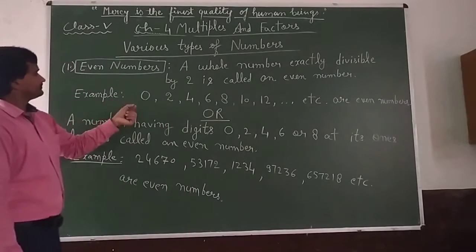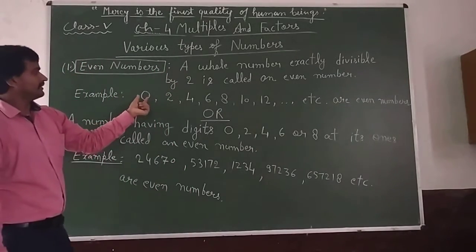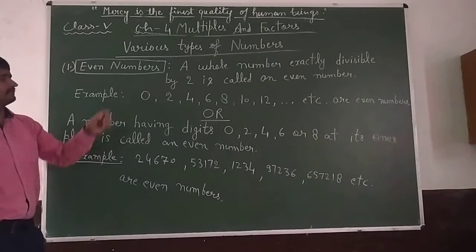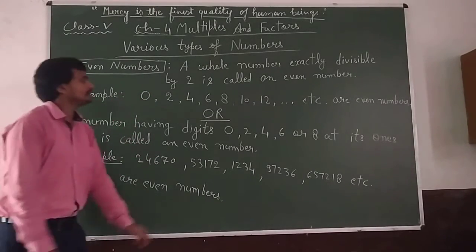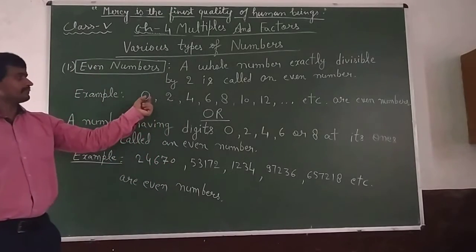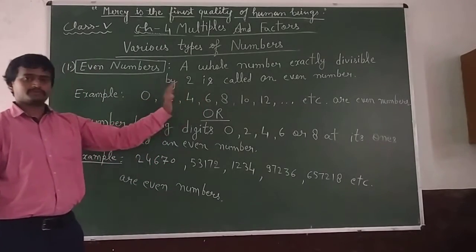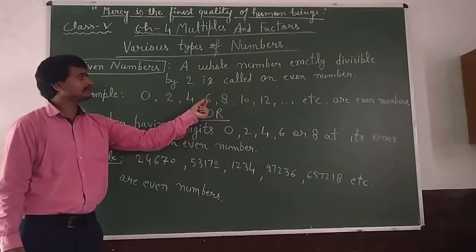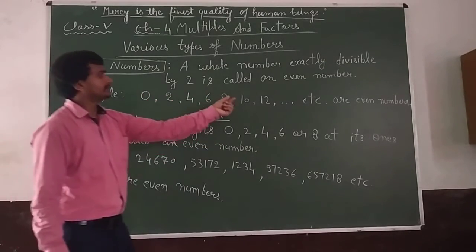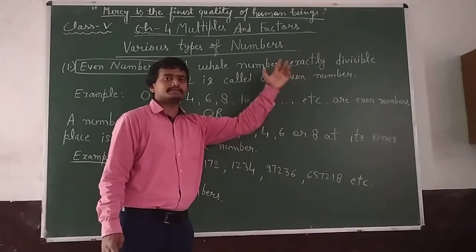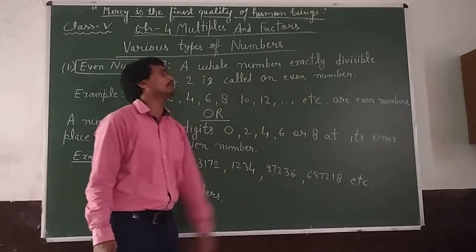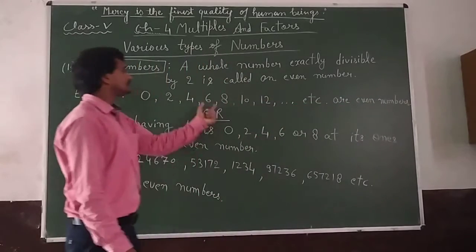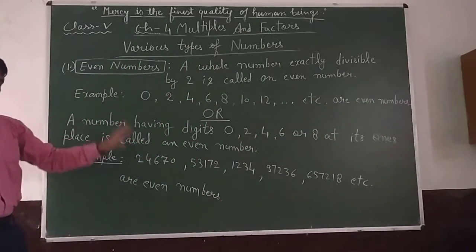For example, 0 is also even because 0 is divisible by all numbers. When we divide 0 by any natural number, we will get 0. 0, 2, 4, 6, 8, 10, 12, 14, 16, 18 and so on. These are even numbers because these are all divisible by 2.